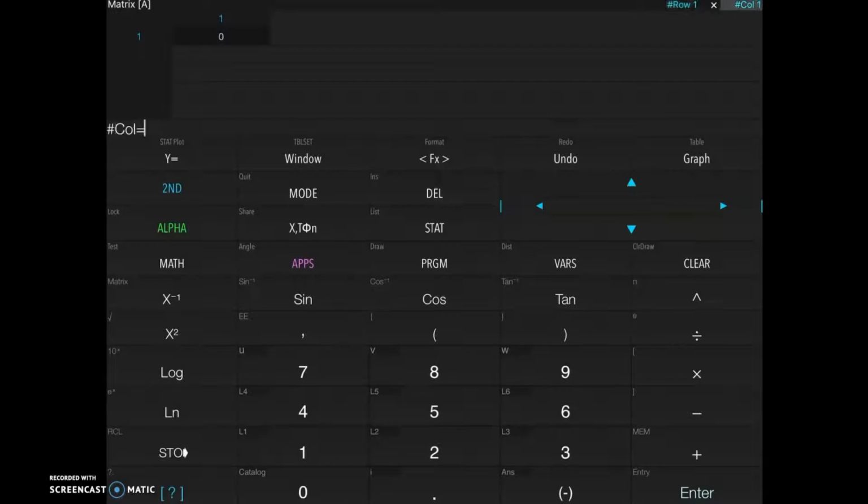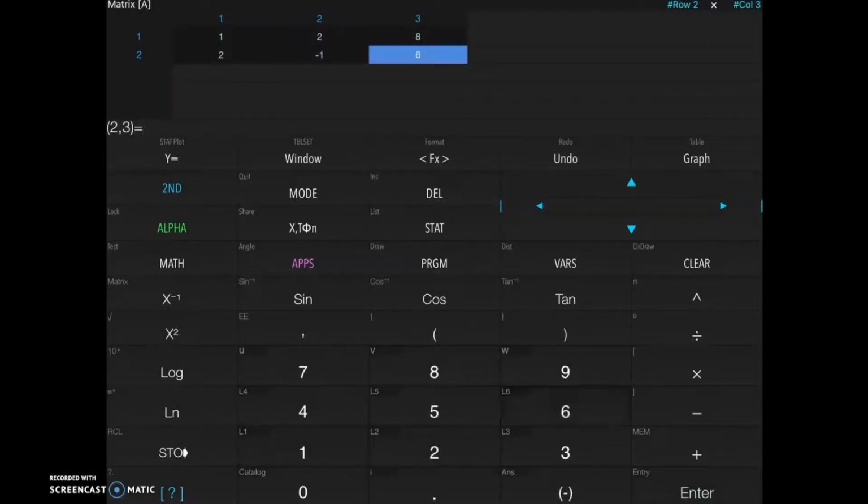And then number of columns, there are 3 columns. Then I'll hit enter. Okay, we have 2 rows, enter, and 3 columns, enter. Now the calculator is waiting for me to put entries in, and we're just going to put in that last example. 1, enter, 2, enter, 8, enter, 2, enter, -1, enter, 6, enter.